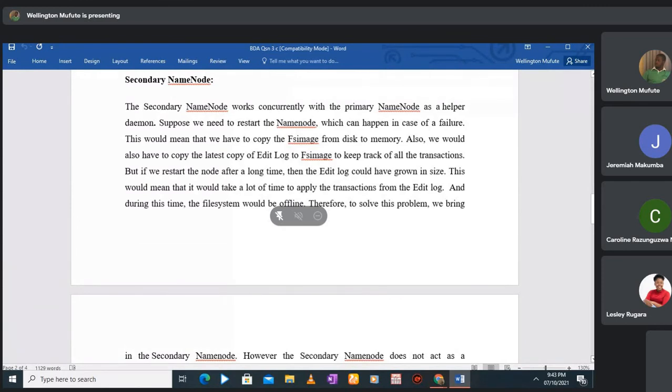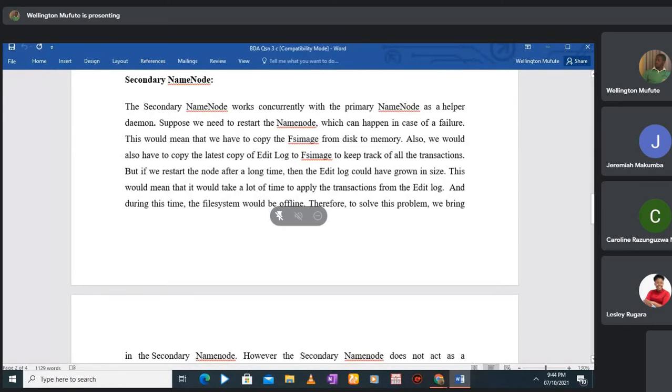We also have to apply the latest copy of the edit log to the FS image to keep track of all the transactions. But then if we restart the node after a long time, then the edit log would have grown in size, and it would take a lot of time to apply the transactions from the edit log. And during this time, the file system would be offline.